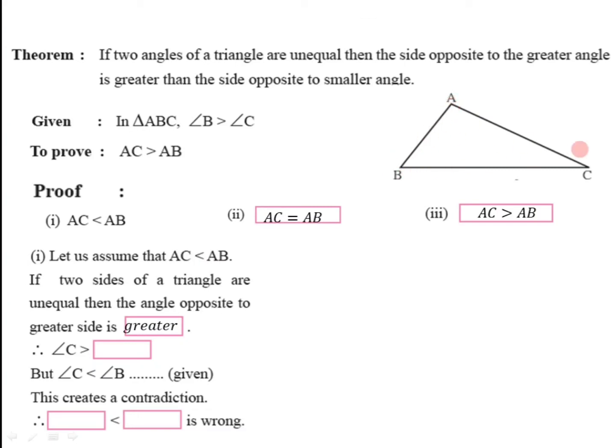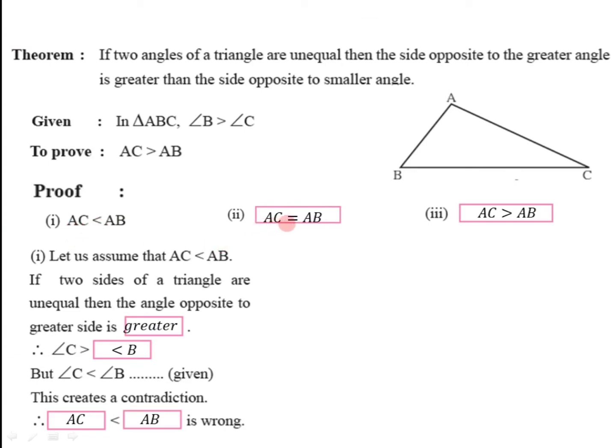The angle opposite to AB is angle C and the angle opposite to AC is angle B. So by this property we have angle C is greater than angle B. But it is given that angle B is greater than angle C. So we get two statements which are contradictory to each other. As we get a contradiction, what we have assumed is wrong. That's why AC is less than AB is a wrong statement, so it cannot be possible. We have eliminated the first possibility.